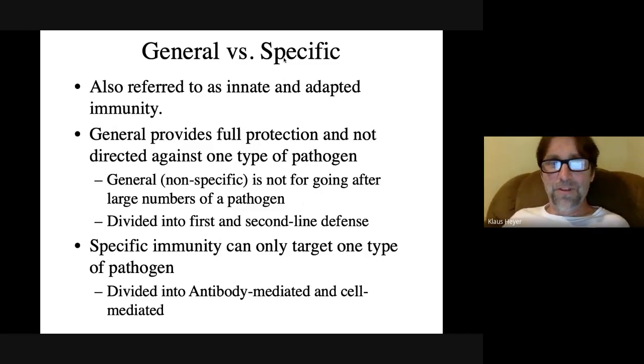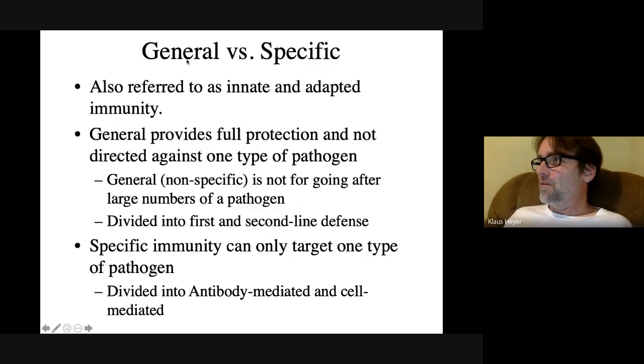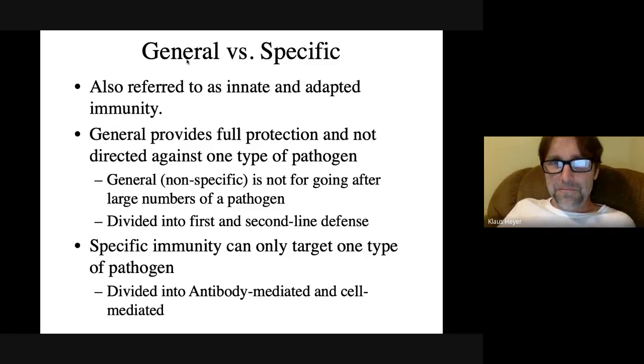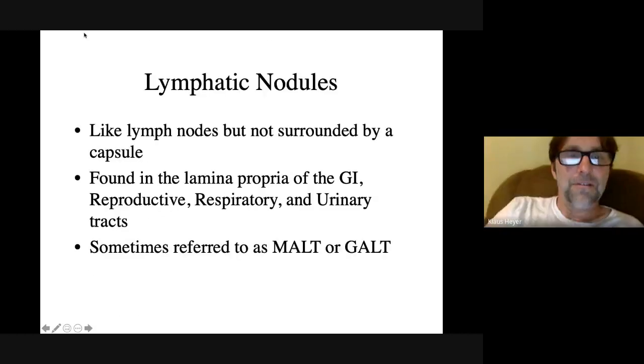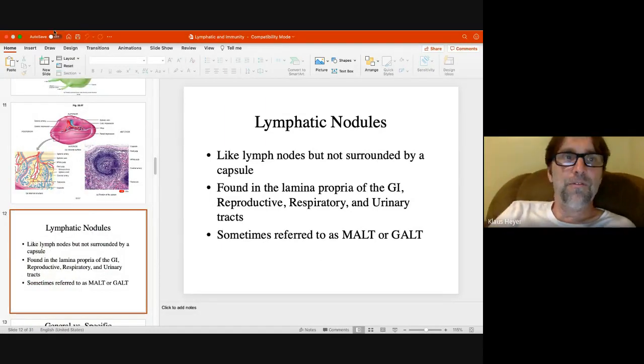That's a whole different thing. That's specific immunity. Getting the flu is specific. Eating bad food is general. So we'll talk about that next class. I'll do the whole immune system.